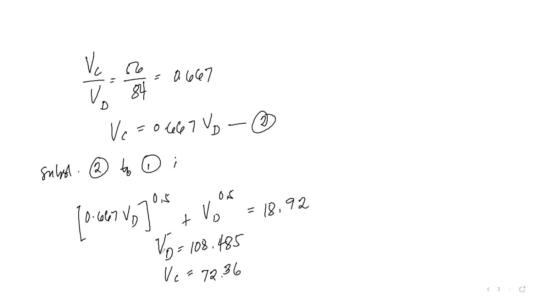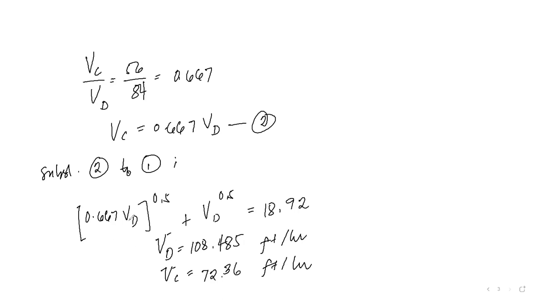Now, these will be your answers here: 108.45 and 72.36, though we use the ratio here in flow rates, which is cubic feet per hour. Anyway, it's dimensionless, there's no unit left here. The units of V sub C and V sub D are the linear flooding velocities, so this will be feet per hour, and this one feet per hour.